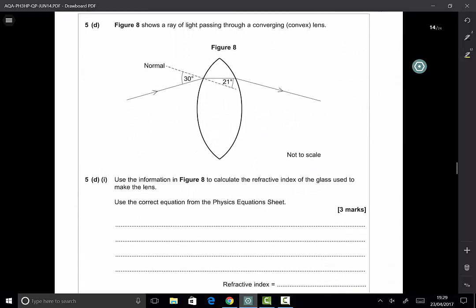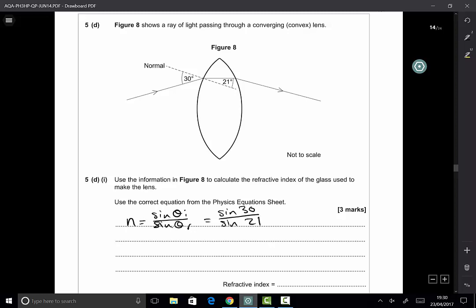Figure 8 shows a ray of light passing through a converging lens, and we've got the angles on there. Use the information to calculate the refractive index of the glass used to make the lens. So the equation we need here is n is sine theta I, the angle of incidence, divided by sine theta R, which is the angle of refraction. So sine 30 over sine 21.